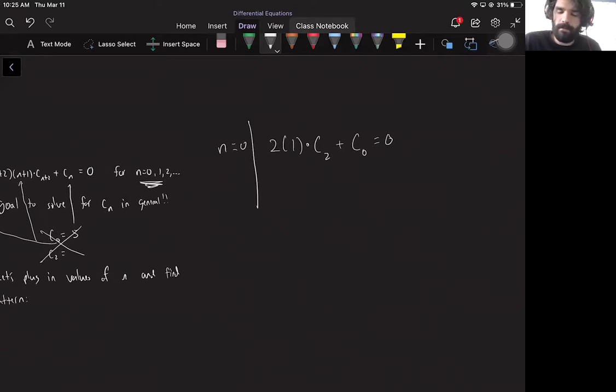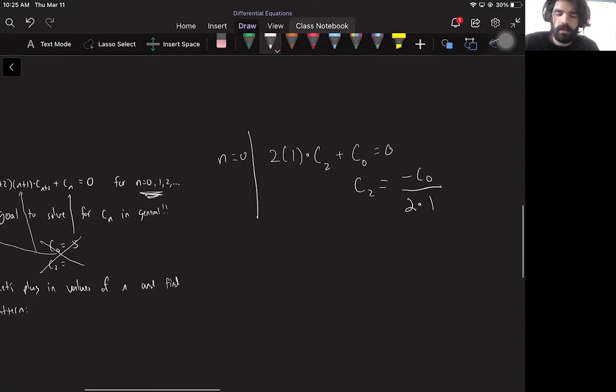If I subtract the C0 over and divide by, I'm going to leave it as 2 times 1, you'll see why later. Then I know how to write C2 if I know C0, but I don't know what C0 is, so I can't do anything else.